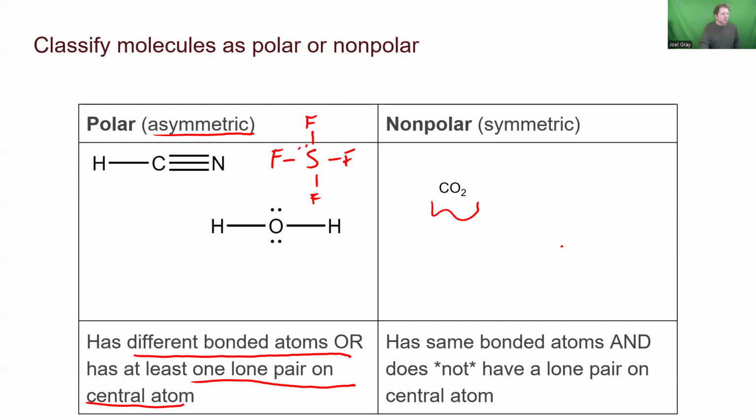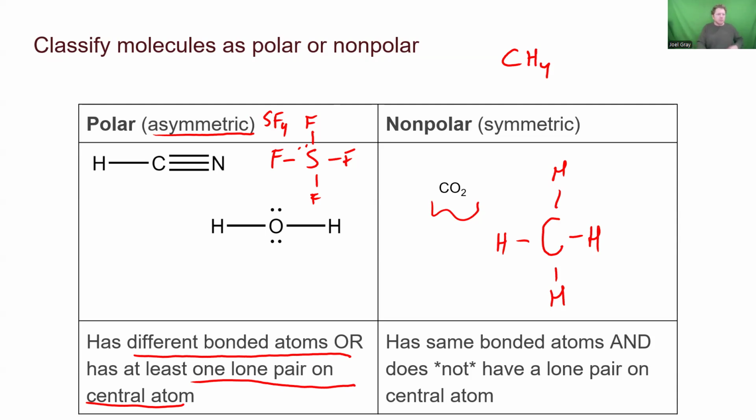Now I bring up SF4 because it might be tempting to compare it to something like CH4. If you remember CH4, also known as methane, what did that structure look like? Well, you had a central carbon, H, H, H, H. That's 8 electrons that it had to draw, and those are the 8 electrons that are there.